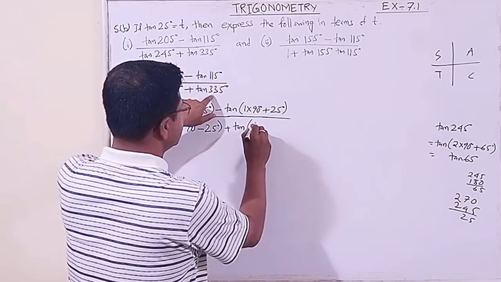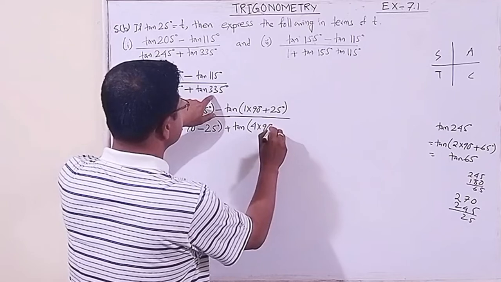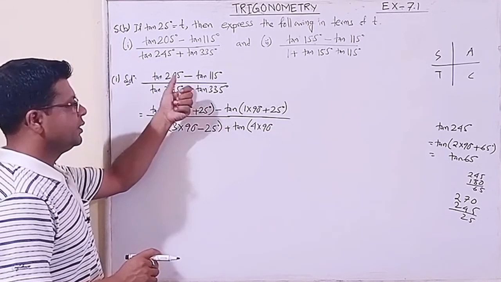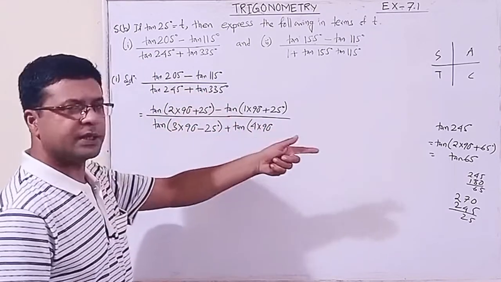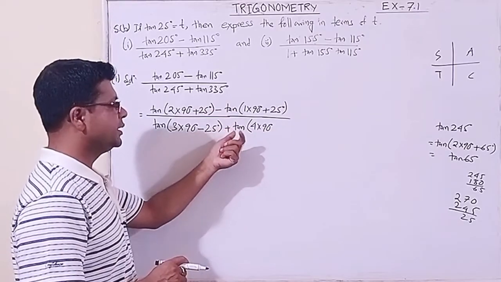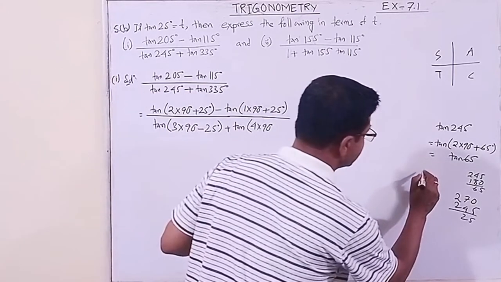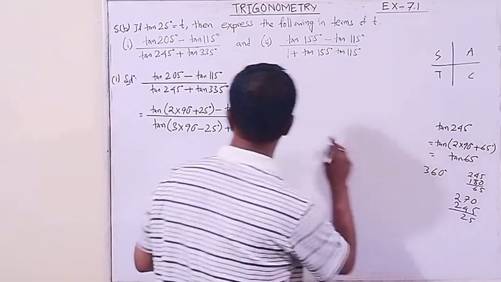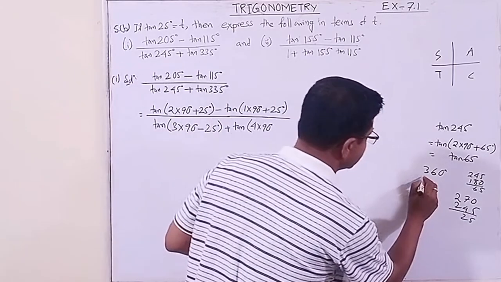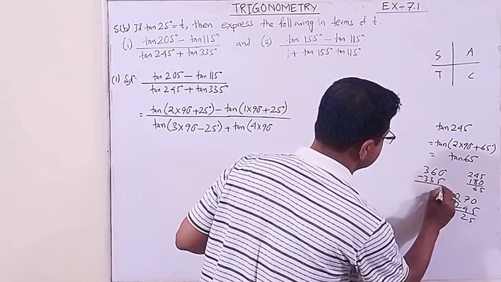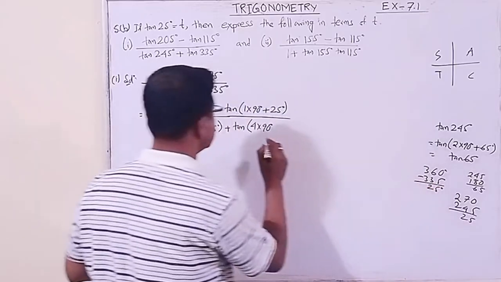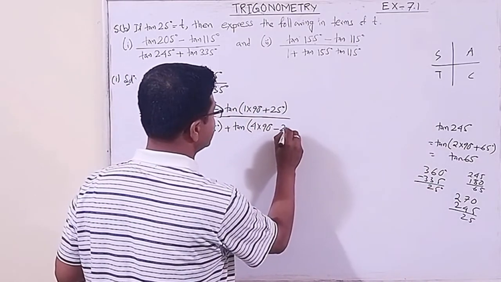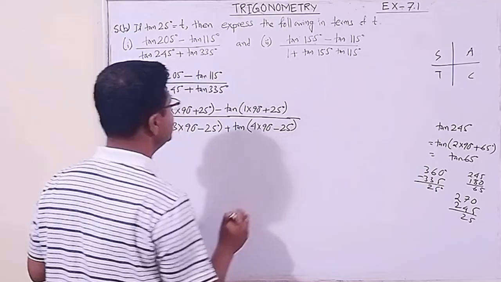So let us write this 4 into 90, 360 degree. Okay, here if you want to write with 3 into 90, the same case happens. That's why 4 into 90 is 360. From 360, let us subtract 335. If we subtract, it is 25 degree. So it is minus 25 degree. I think you understood the thing.